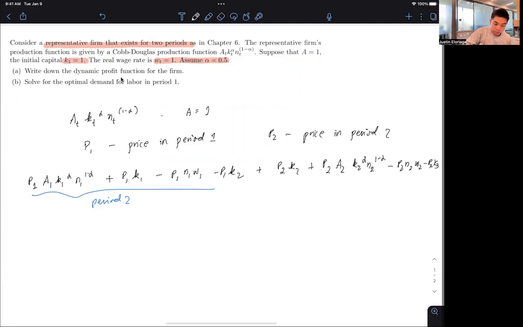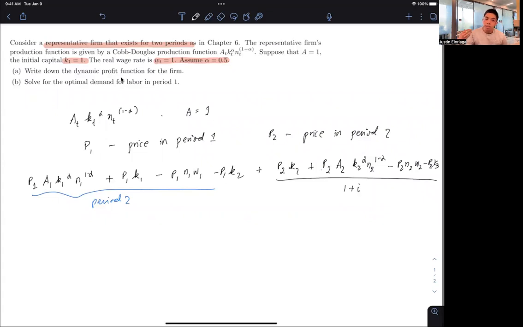There will be some K3 term there, but because the firm only exists for 2 periods, that K3 would be 0. And because this occurs not in the present, it's a dynamic problem, we have to discount this second period by an interest rate. So we divide by 1 plus i.